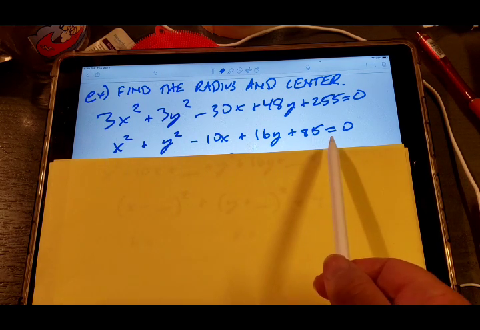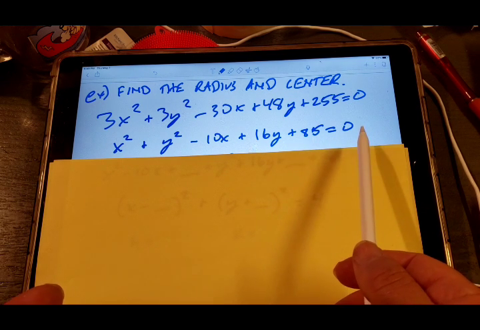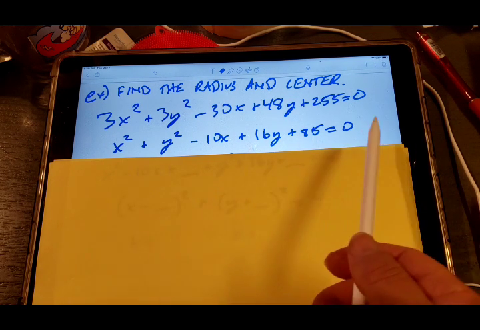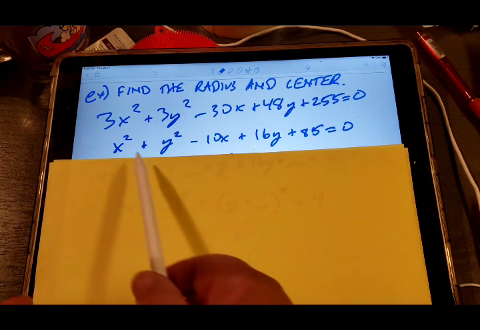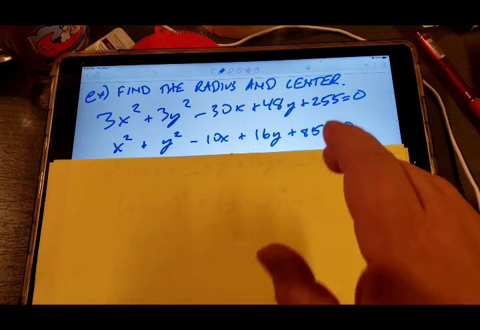And since it's an equation, we know that we can divide both sides by whatever we like. I'm going to divide both sides by 3. 0 divided by 3 is 0. Everything divides by 3. So let's do it.